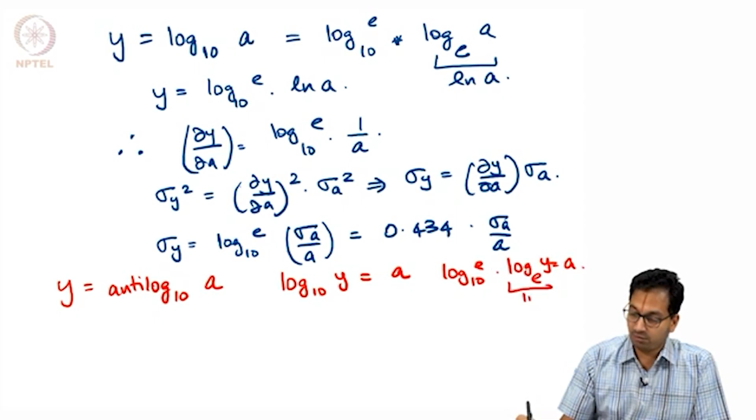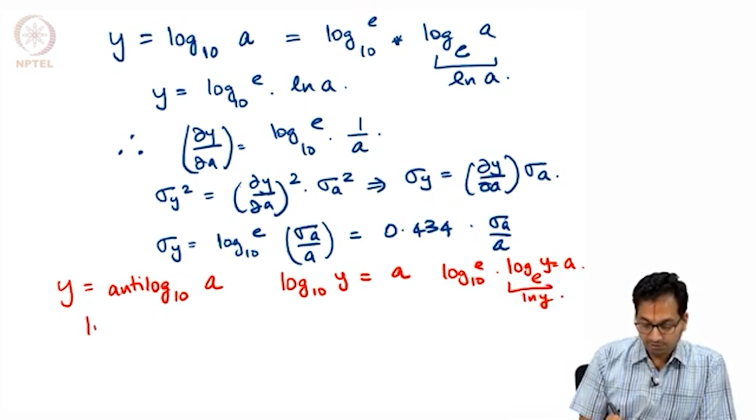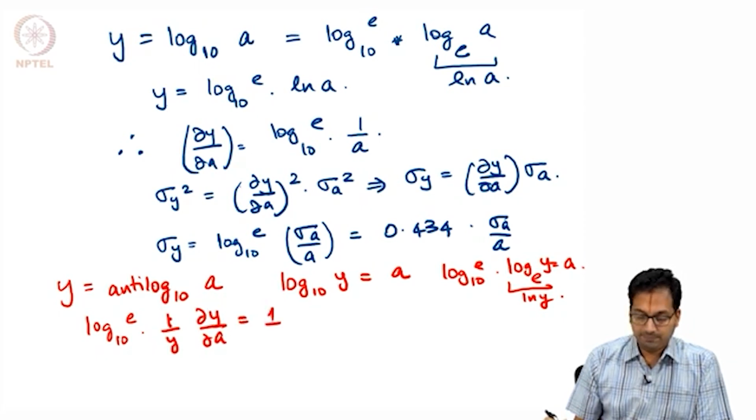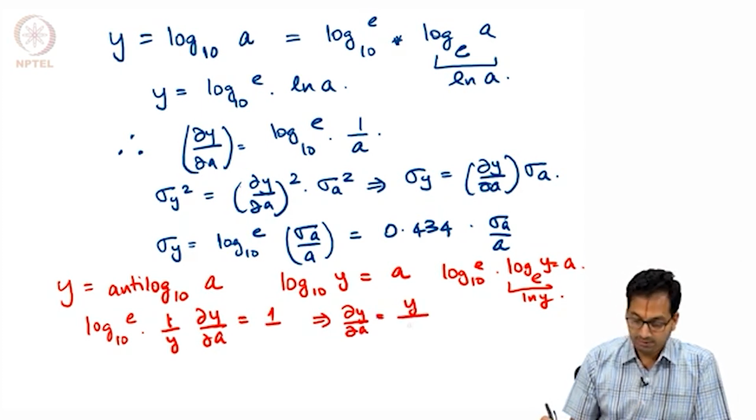This is nothing but ln of y. So that makes it easier for us to calculate. So log e to the base 10 times 1 over y dou y by dou a is equal to 1. So, this implies dou y by dou a is equal to y divided by log e to the base 10.